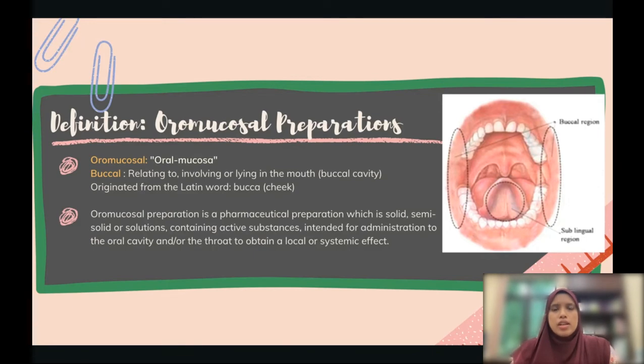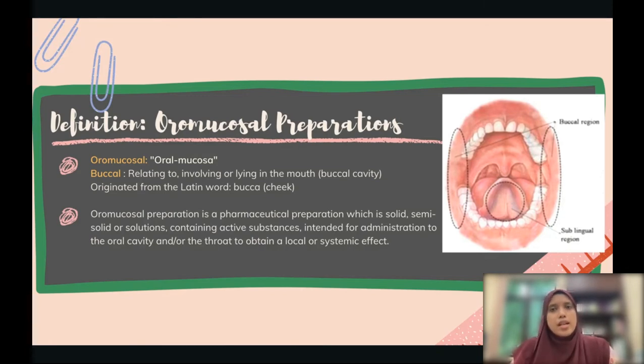If I want to give you an example, but this is not a solution, this is actually a tablet. For patients experiencing a heart attack, the medication is in the form of a tablet that should be placed under the tongue.